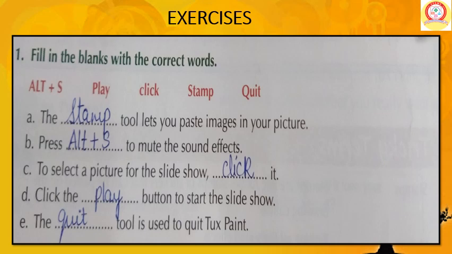So, what do we have to do? Click it, okay? Now let's move to D. Click the dash button to start the slideshow. Click the play button. We have to click the play button to start the slideshow. E. The dash tool is used to quit Tux Paint. So, quit tool. Okay.